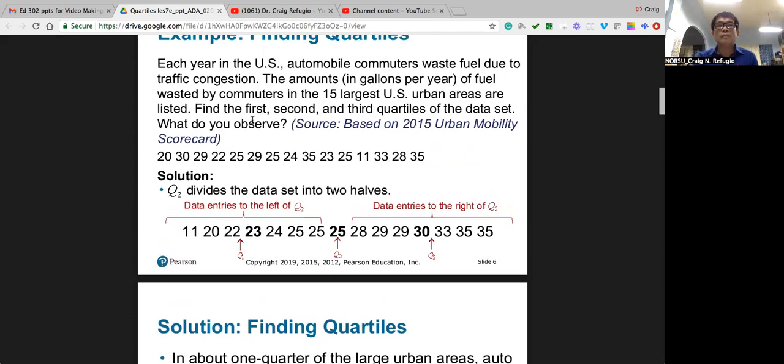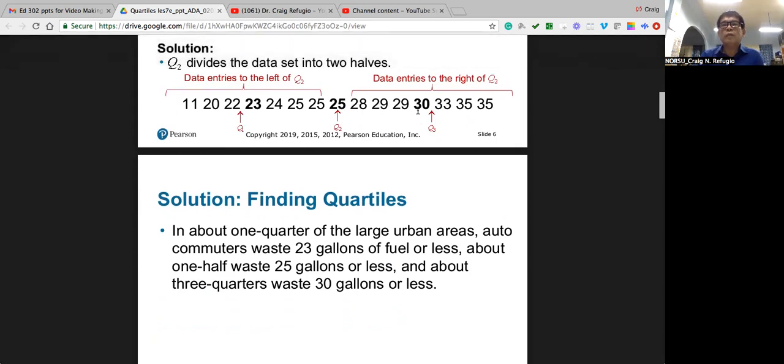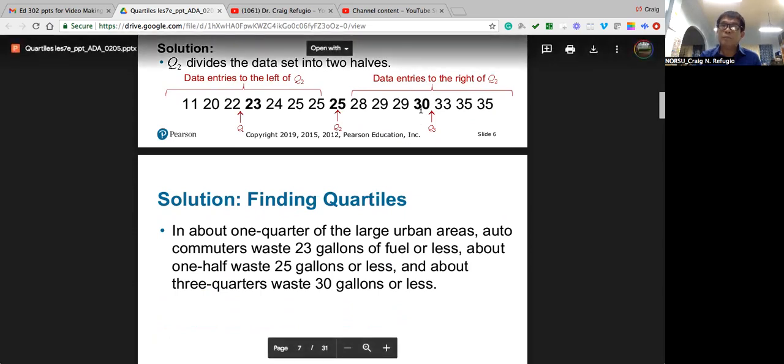According to the next item, find the first, second, and third quartiles of the data set. Looking into the other half, we have 30 also in here. Why? Because we can get the median of the other half. So that's actually 30.